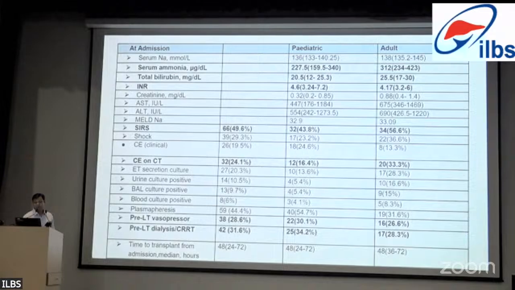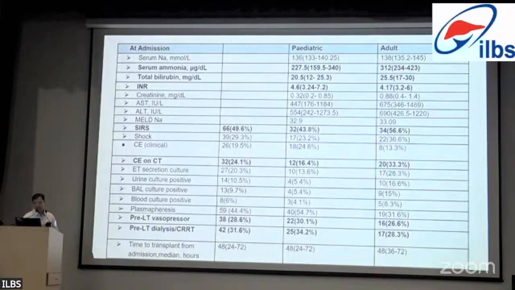Almost 50% of the patients had SIRS by definition at presentation, and 30% of the patients had shock with vasopressor support. Clinical cerebral edema was present in 20% of the patients, and cerebral edema documented on CT scan was approximately 1/4 of the patients.